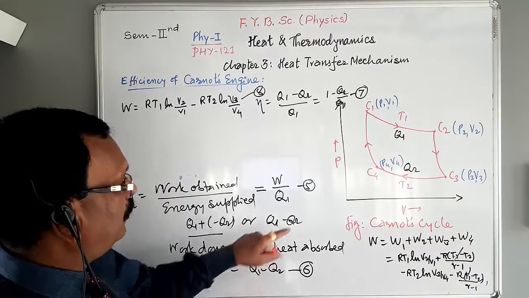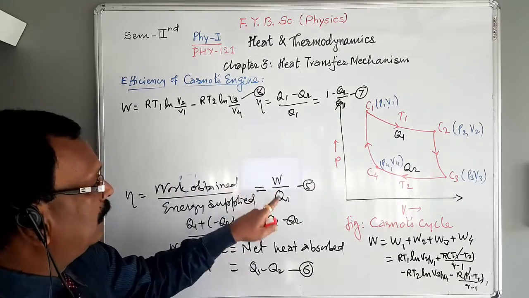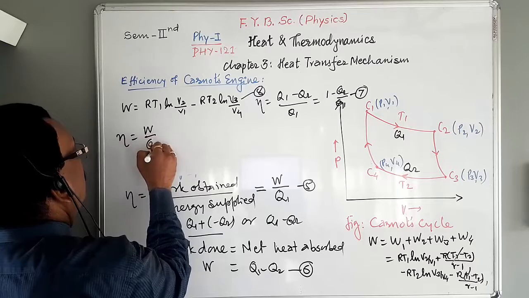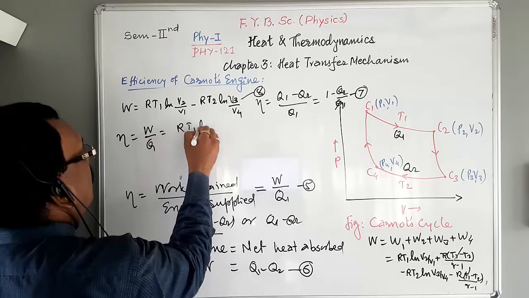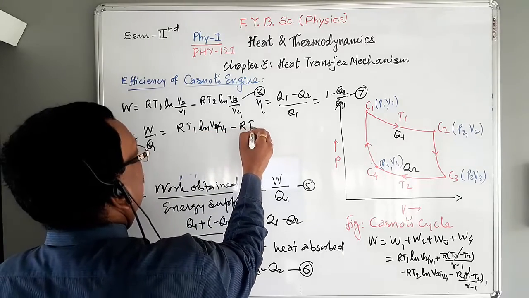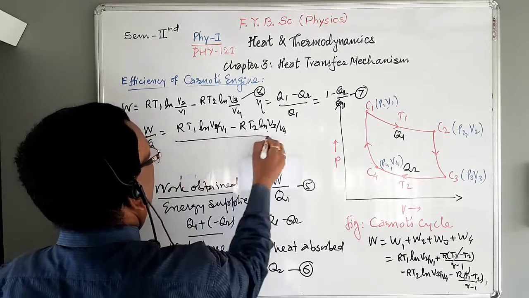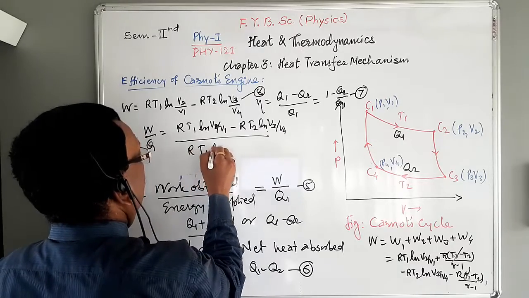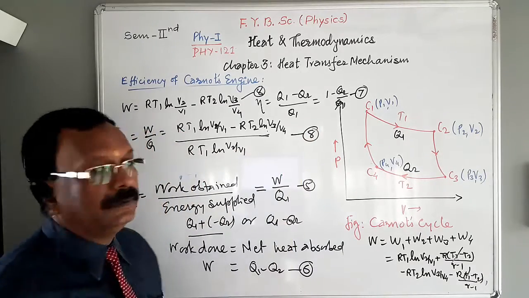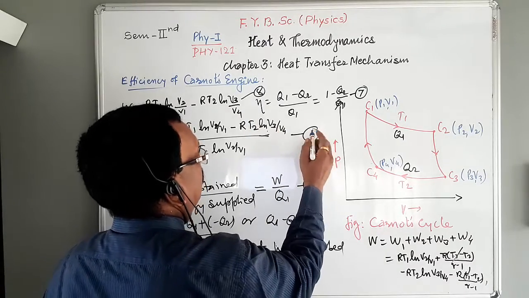When we substitute the value of Q1 is equal to R T1 ln V2 upon V1, and the value of W is this, we have efficiency is equal to W upon Q1, which is R T1 ln V2 upon V1 minus R T2 ln V3 upon V4, upon R T1 ln V2 upon V1. Suppose this is equation 9. Sorry, this is 8 and this is 9.